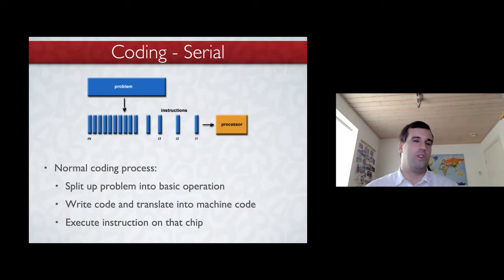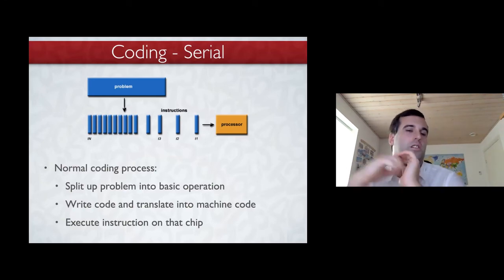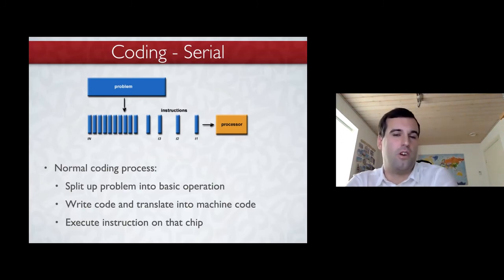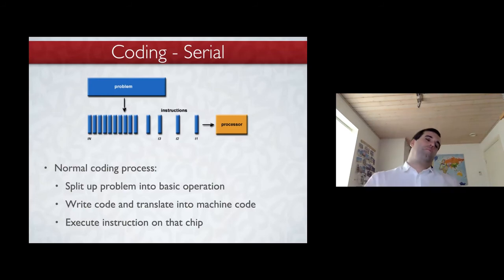For instance, I'll do this, multiply this, do that, and so on. So it's shown schematically here: we have our problem, we dissect it into many small bite-sized blocks, and then give them to a processor to operate on and execute. This is what we call serial, if you have only one processor.